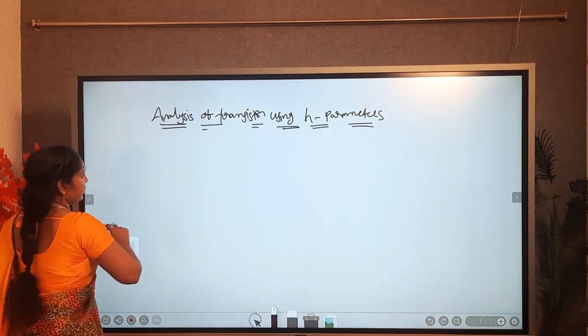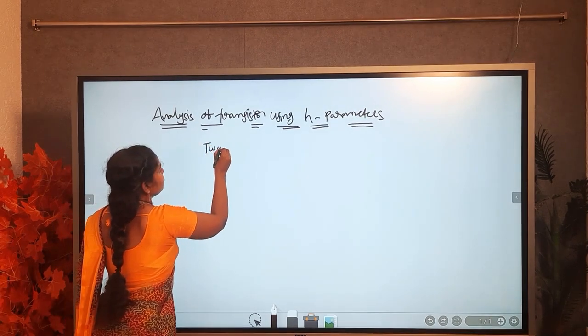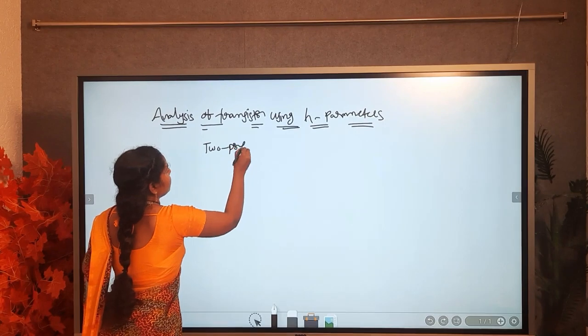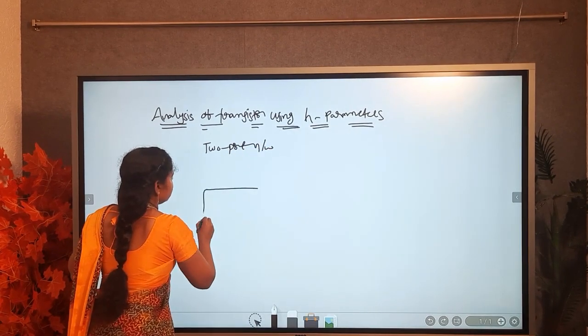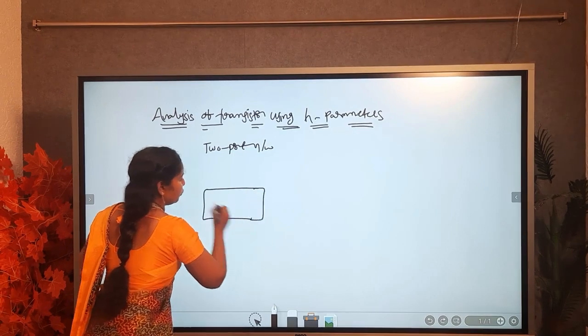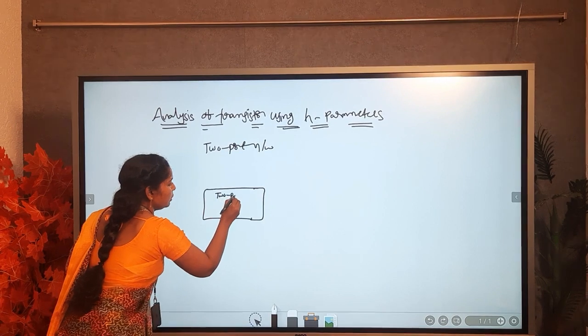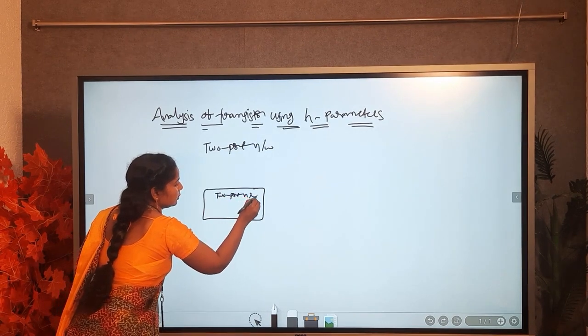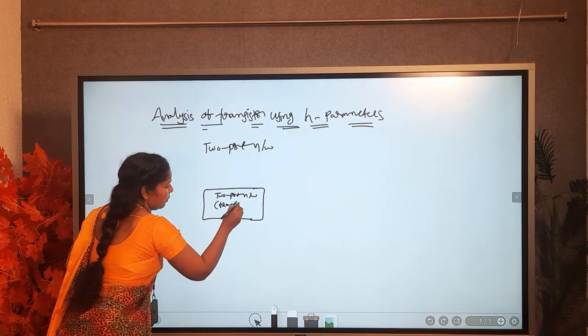I shall explain it. First, the two-port network. This is the block diagram of the two-port network. The two-port network is nothing but a transistor.